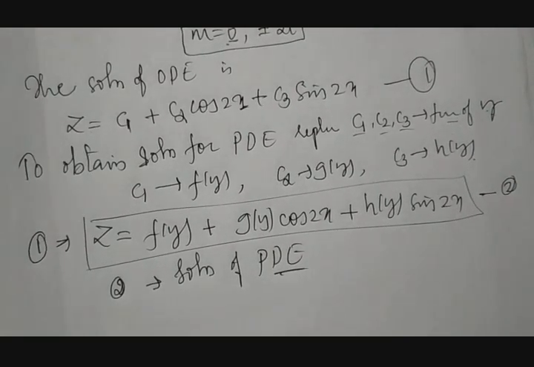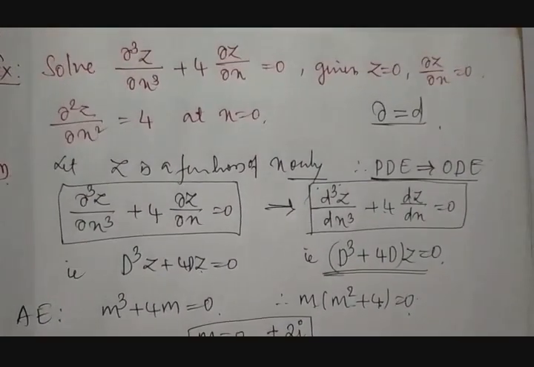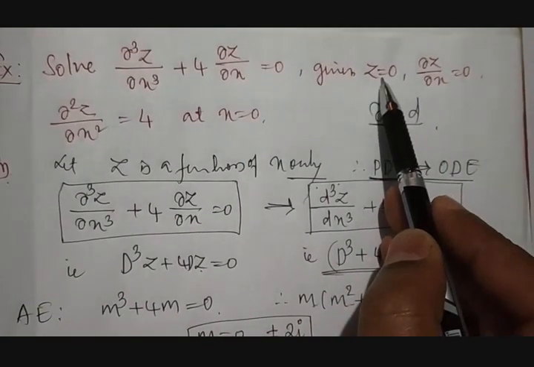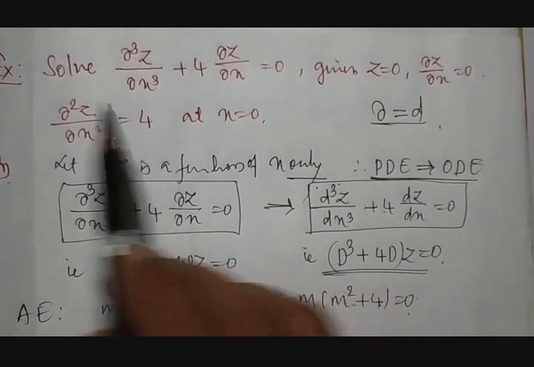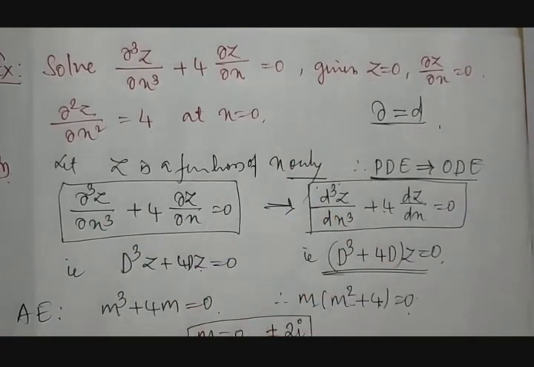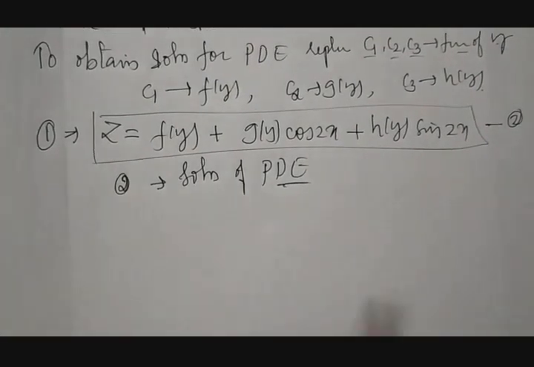This would have been the final result if no conditions had been mentioned. But in this example the conditions are given: z = 0, ∂z/∂x = 0, ∂²z/∂x² = 4 at x = 0. Therefore, let us take these conditions.